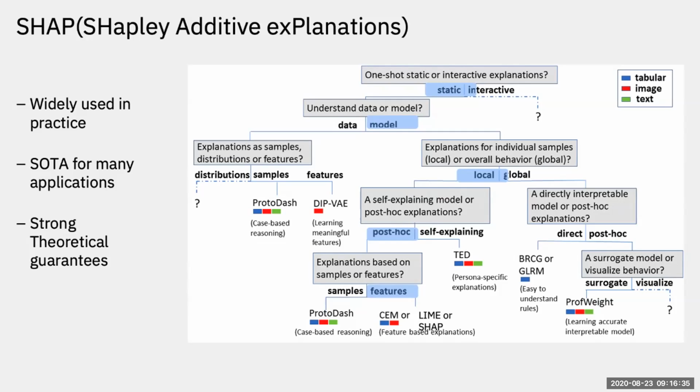So it's again a static method, and it is a generic version of many different local explainable models, and it's post hoc, and it basically creates feature importance in terms of how to define the explanation of a particular model.